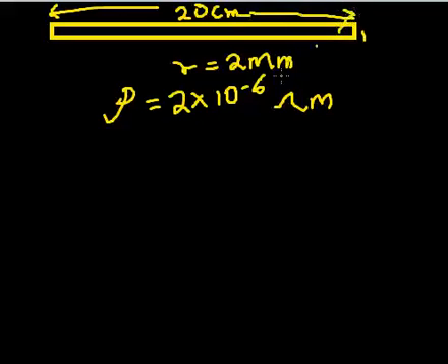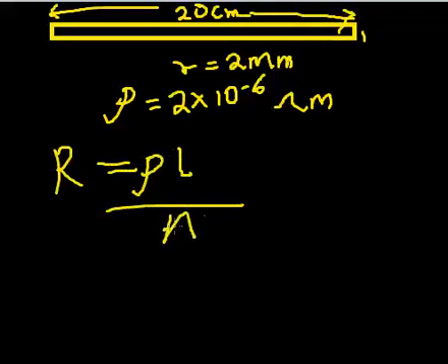Okay, so to get the resistance, that's going to be equal to resistivity multiplied by length, all over area. That's our formula, right? So that's going to be 2 times 10 to the power minus 6, then times the length, which is 20 cm, and we have to convert to meters. If you convert 20 centimeters, you have 0.2.